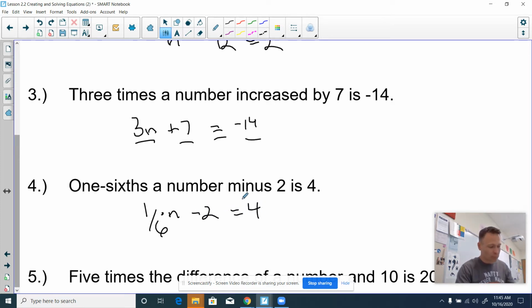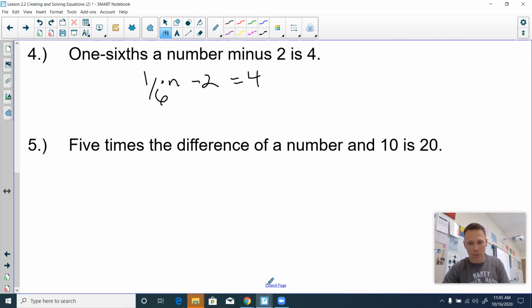All right, and then this last one here, gotta extend my page. 5 times, now it's not saying 5 times a number, it's saying 5 times a difference. When you see that, you have to think to yourself, I'm multiplying times an operation that's already happening. So what's already happening? The difference of a number and 10.